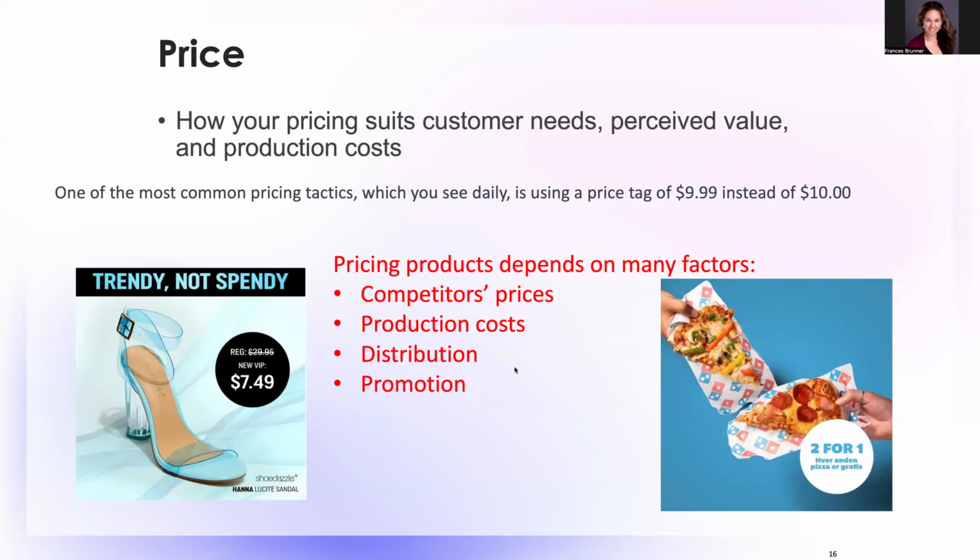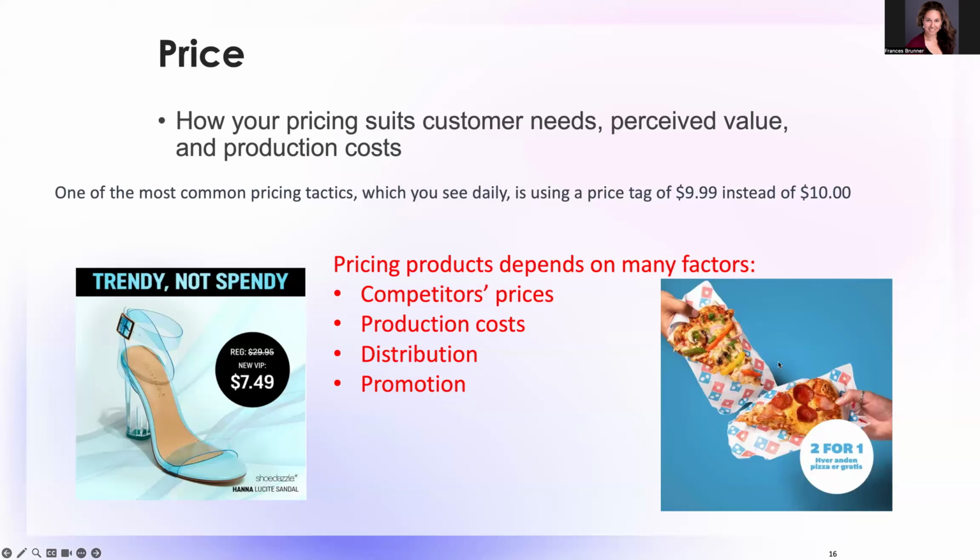Another price scheme that is often used is showing a much higher price, as the original or retail price, and then a heavily discounted price for the actual offering. This makes the perceived value of this shoe much higher because normally one might pay $30 for it, but now we're only having to pay $7.49.